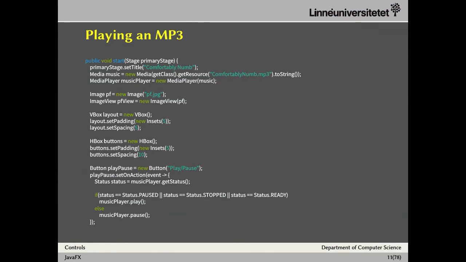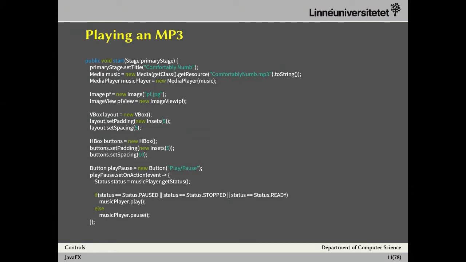And here we have the media player, which is kind of the equivalent of the image view, which takes care of the music and the playing of the music itself. So we attach the music to the media player.